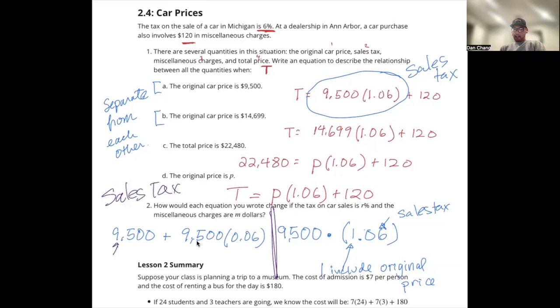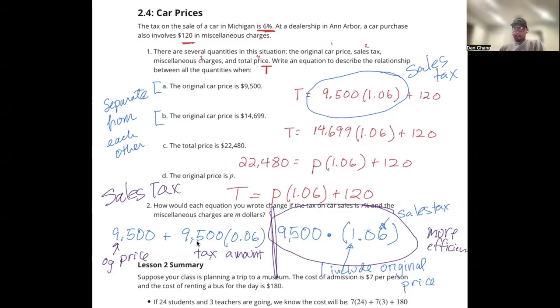You can have the original price, and then you can add to it just the amount of the tax, which is 6% of 9,500, or you could do it in one step by multiplying the original price by 1.06. These are exactly the same. Both are correct. This is more efficient because you can do everything in one step, but this is correct and it's fine.